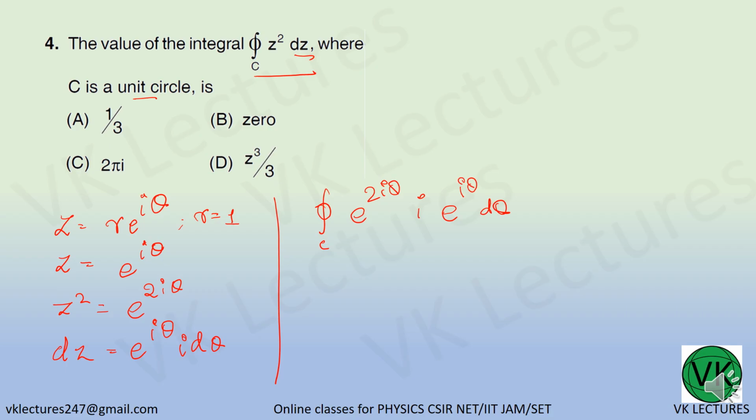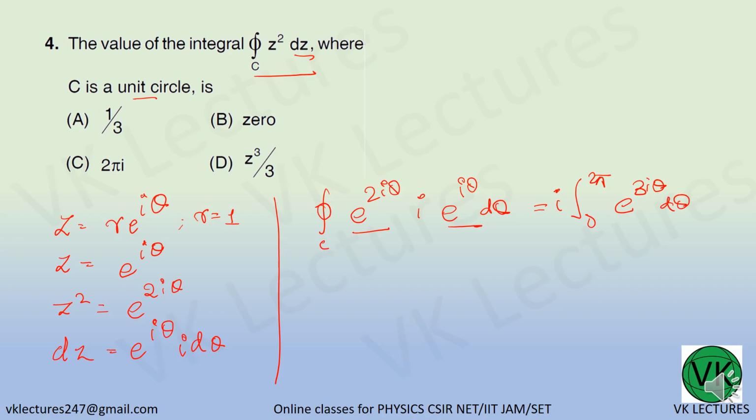All right, now this is a closed integral, so we can write this as the integral from 0 to 2 pi of e power 2i theta into e power i theta, that is e power 3i theta, and one i will be outside, into d theta.